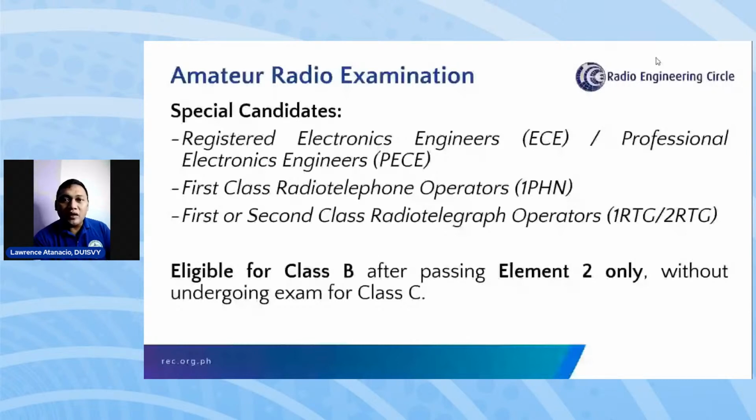Proving that you are a registered licensed electronics engineer or 1PHN, and itong ating mga first or second class radio telegraph operators, kailangan valid po. Kung expired, hindi po kayo ma-grant to take the special candidate or to take the Class B examination. So next slide.